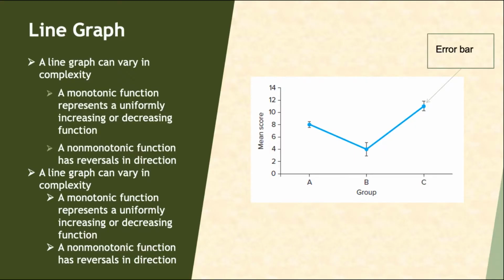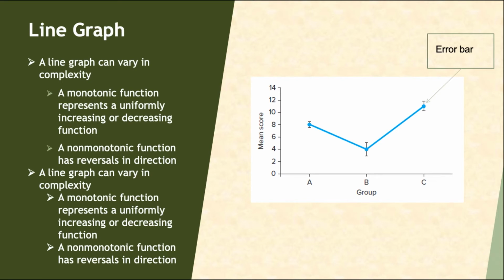So this is one type of line graph. Line graphs can vary in complexity. We have a monotonic function, which represents a uniformly increasing or decreasing function. A non-monotonic function has a reversal in direction.